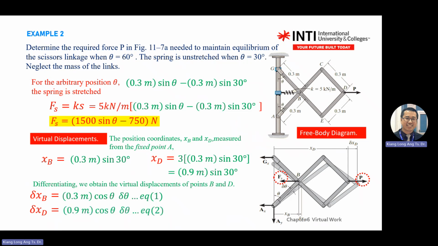Then you get these two equations. You write what is xB, what is xD, then you do differentiation with angle and arrive at this equation. We need this because we are doing virtual work later. We need xB, xD, and delta xB, delta xD to do the calculation.